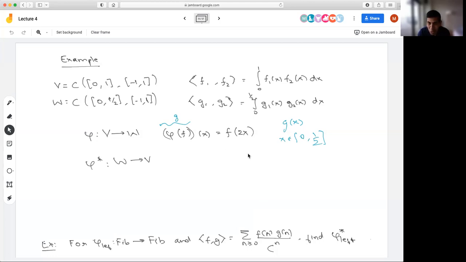Any guesses to what the adjoint might be? Let's remind ourselves of what is the property of the adjoint that we want.